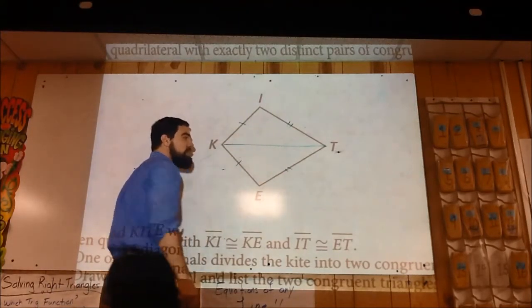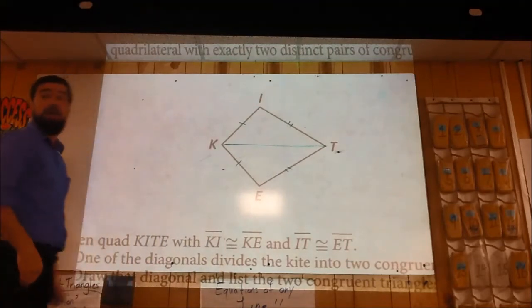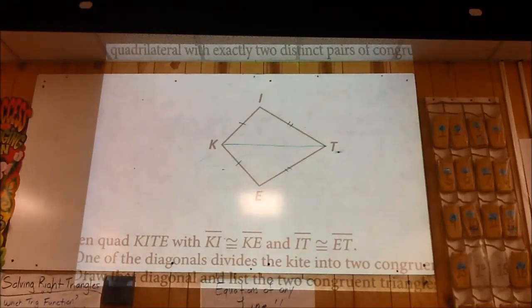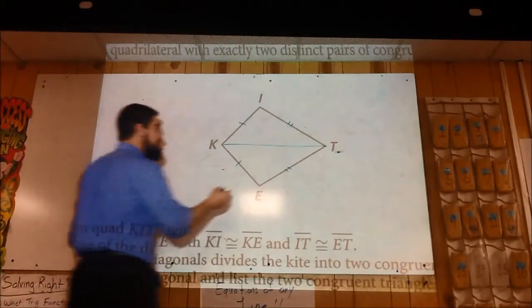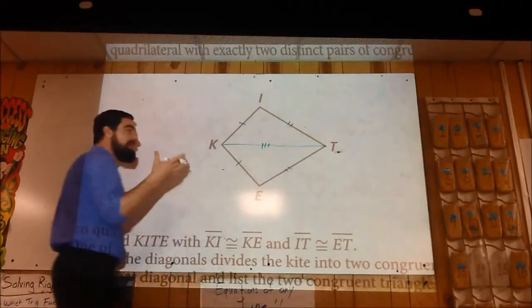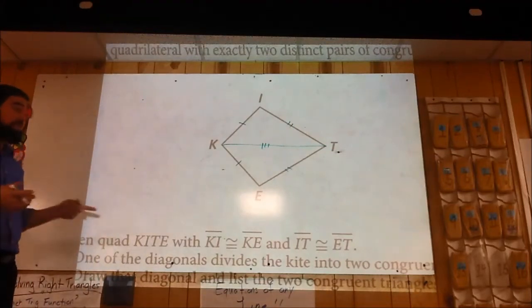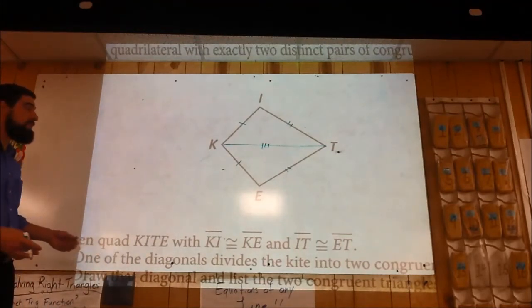kite into two congruent triangles. But Allie, Malone, how do I know those two triangles are congruent? By side, side, side. Both those triangles share segment KT, so segment KT is congruent to itself by the reflexive property.